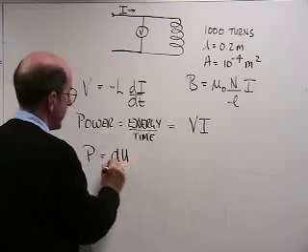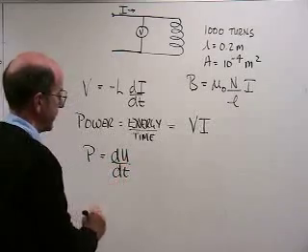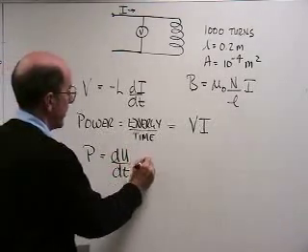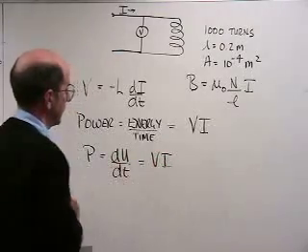dU/dt, that's energy per time, that's equal to VI.